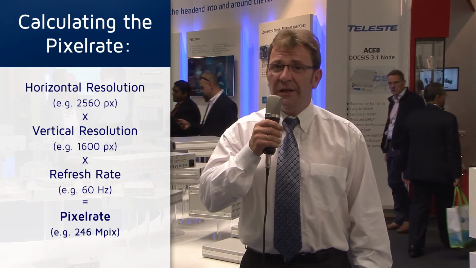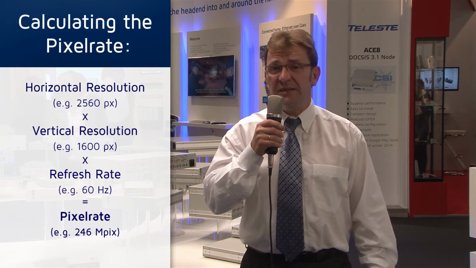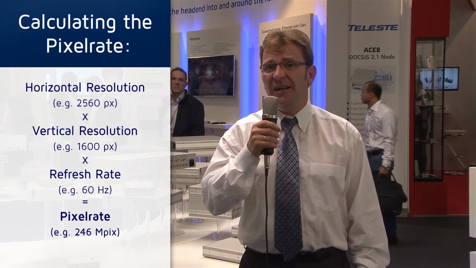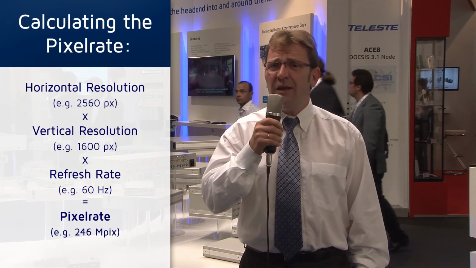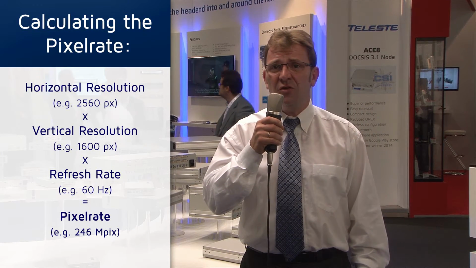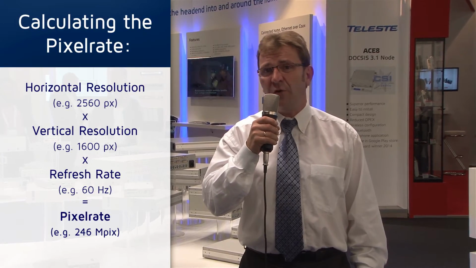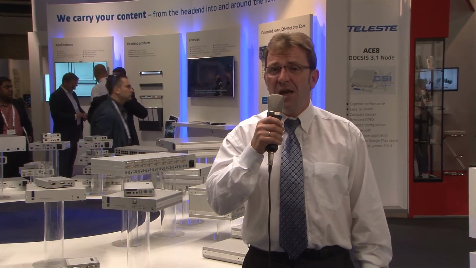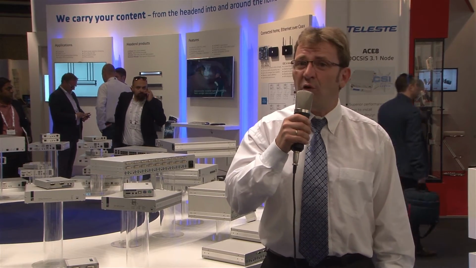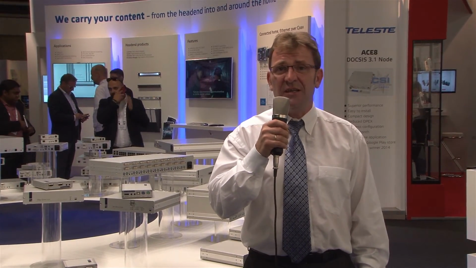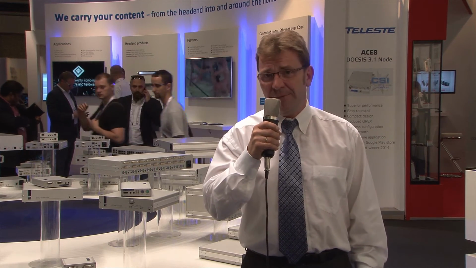Considering DVI dual link, which is 2560 times 1600 at 60 Hertz, we will roughly have a pixel rate of about 246 megapixels. So that will suit well for the DP-HR CPU. But we could also talk about 4K resolutions, which is 3840 by 2160.